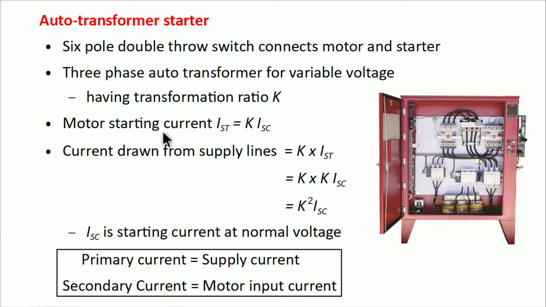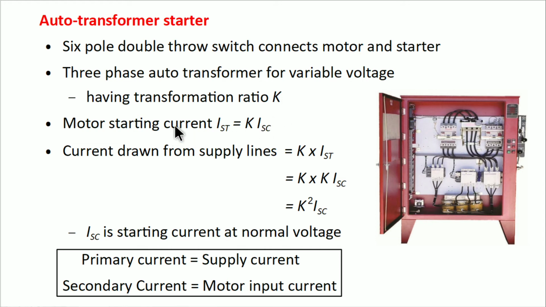Now the motor starting current is equal to K times ISC, because the voltage is reduced by K times by the auto transformer. Suppose we are using 20% of the rated voltage with the help of the auto transformer. So the value of K is 0.2.